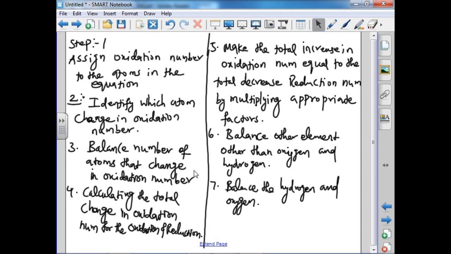Step 1. Assign oxidation number to the atoms in the equation. The second step, identify which atoms change in oxidation number. Second, we have to find out the change in oxidation number from the reactant and the product side. Third one is balance the number of atoms that change in oxidation number.